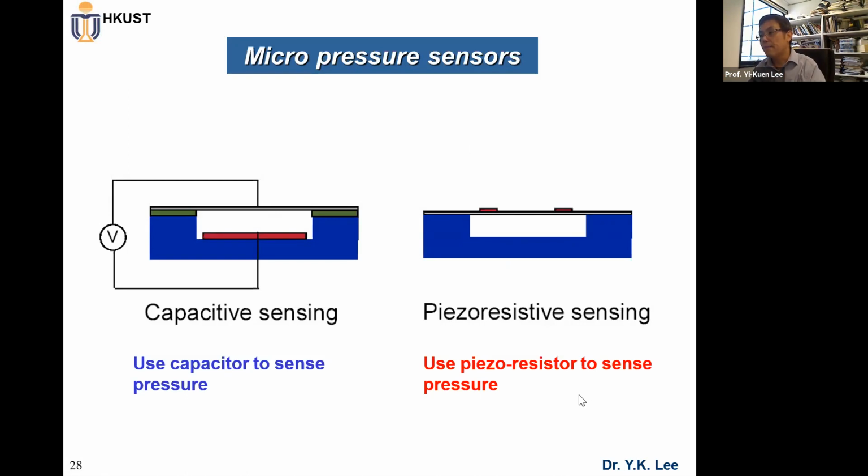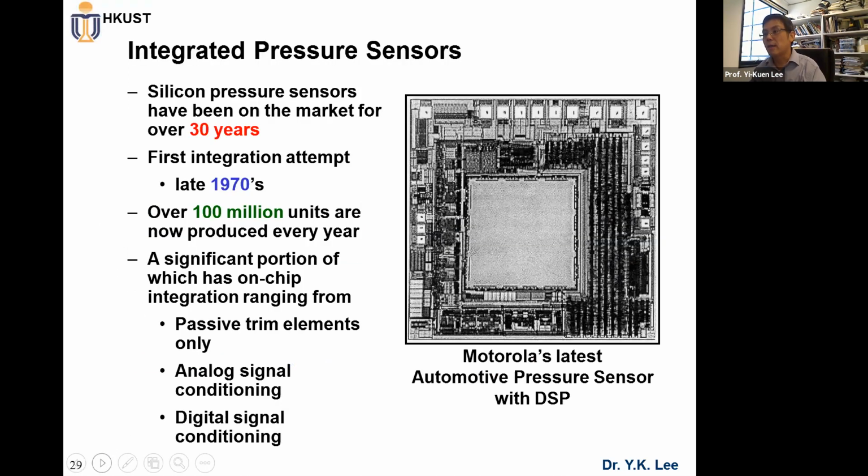That means input pressure changes resistance, and then we convert the resistance into voltage output. Then we can make the pressure sensor. So this is the basic idea. And of course, in reality, all these MEMS sensors require additional integrated electronics for signal processing, like amplification or digital signal processing, and that becomes an important thing.